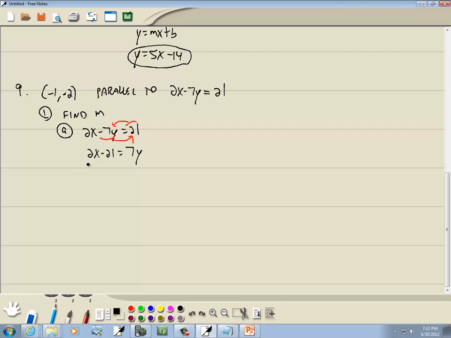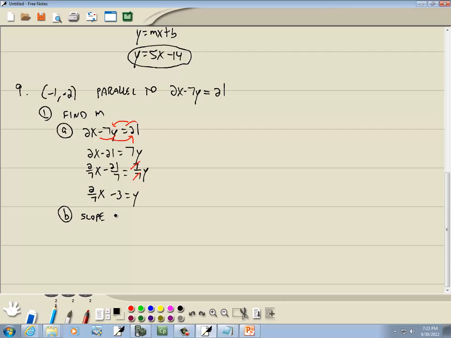And divide everything by 7. So we've got 2/7x minus 21 over 7 is equal to 7 over 7y. So the 7's cancel, sorry. So 2/7x minus 3 is equal to y. And that's in slope-intercept form.